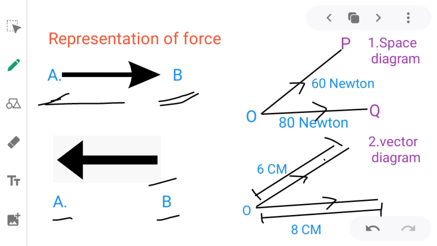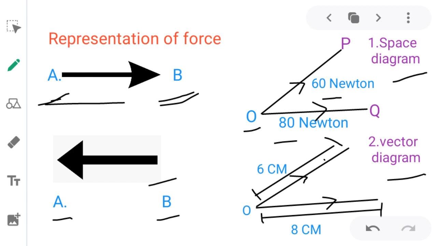In another method, the force is represented by two diagrams. One is the space diagram, another is the vector diagram. In the space diagram, as I told, the unit of force is Newton. There are two forces acting at the same point O. One is 60 Newton, another is 80 Newton.